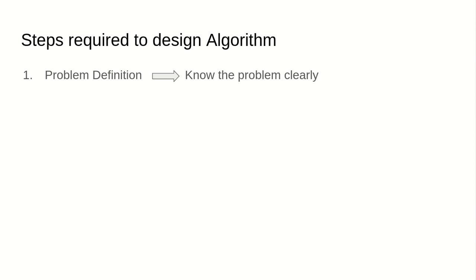Now we need to work on only the other 50%. Knowing the problem clearly is the major part. If we get the problem definition, then 50% of the work is over.